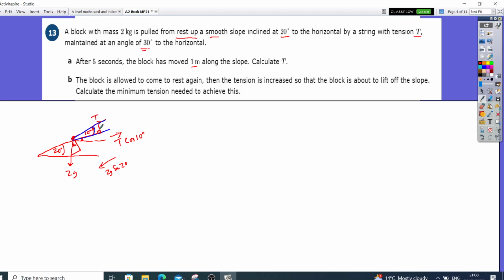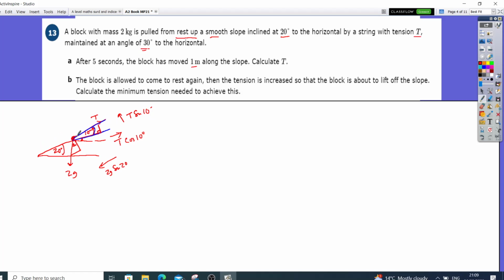And it's also being pulled that way by T sine 10 degrees. Just be careful on that one. So along the slope it's 10 with cos, and perpendicular it's 10 with sine.